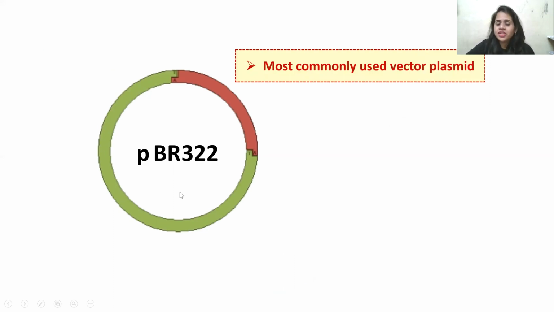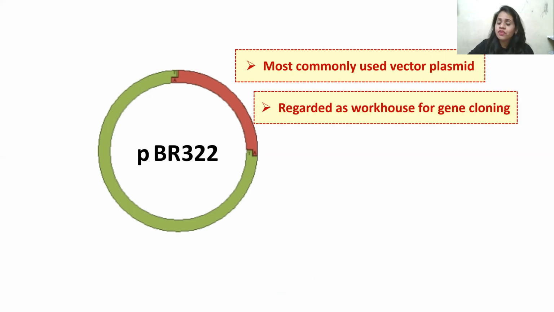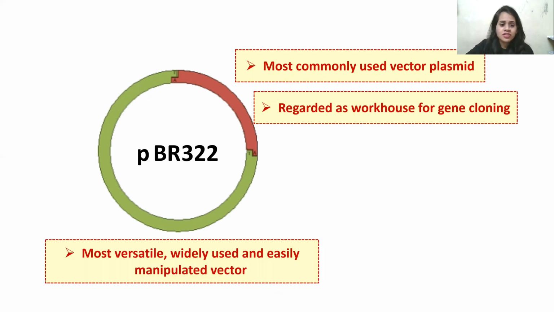So pBR322 is the most commonly used vector, and it is called the workhorse for gene cloning because it's the most common vector which can be used for biotechnology. Because it's very versatile, widely used, and easily manipulated vector. So is this a natural vector or an artificial vector?